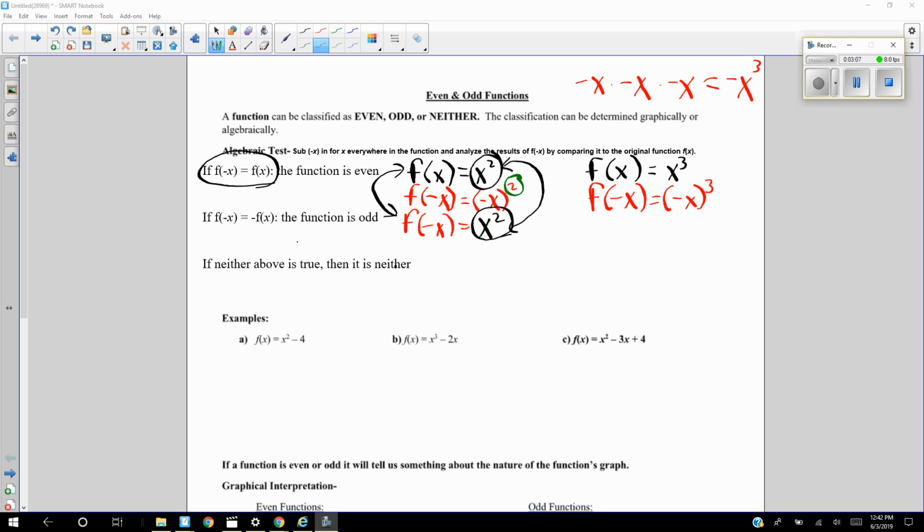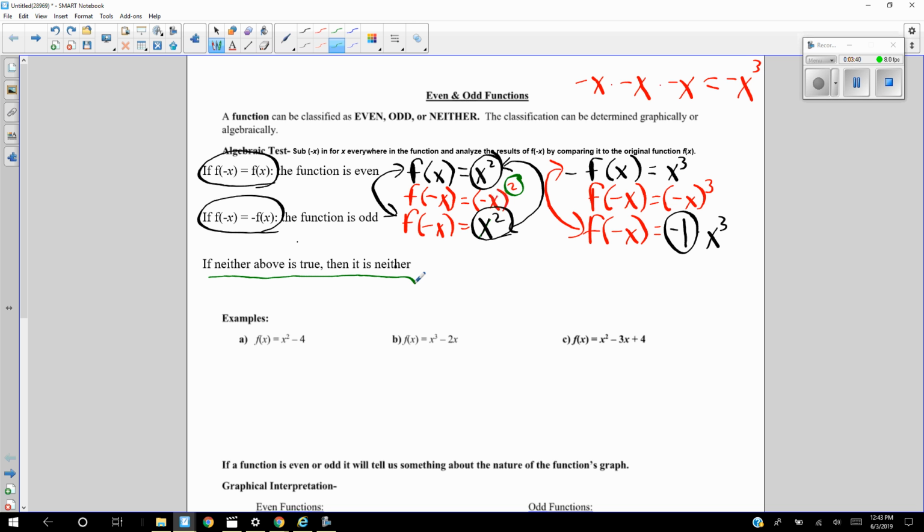So this end result is a negative 1 times x to the third, because when you cube a negative number, it stays negative. So essentially, we're just tacking on a negative value right up front in the original function. And that is the definition of an odd function. When you sub in a negative x, it basically just makes the function the opposite of what it is. And of course, common sense says if neither of the above is true, then it's neither even nor odd.